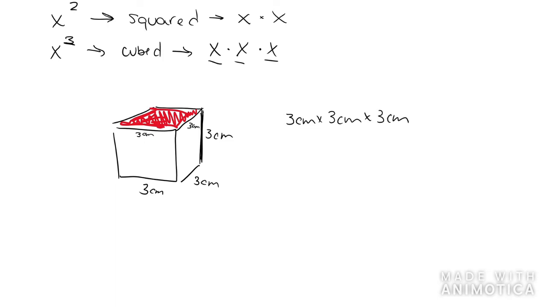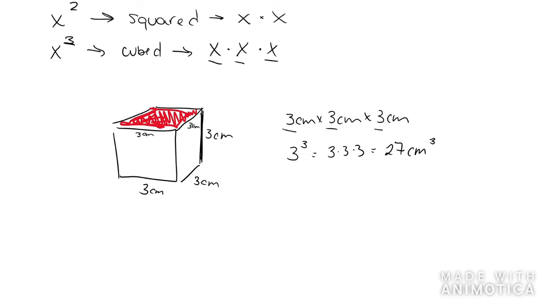So in the case of a cube, all 3 measurements are the same. So it is literally the number cubed. In this case, it's 3 to the power of 3. 3 times 3 times 3, which gives us 27. And because we've multiplied centimeters by centimeters by centimeters, it's going to be centimeters cubed.